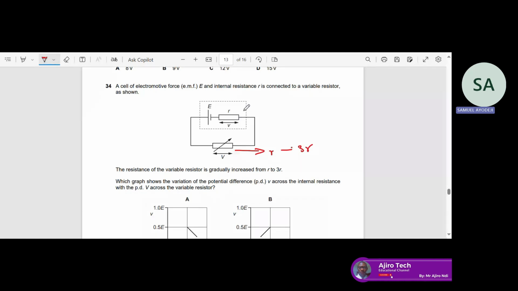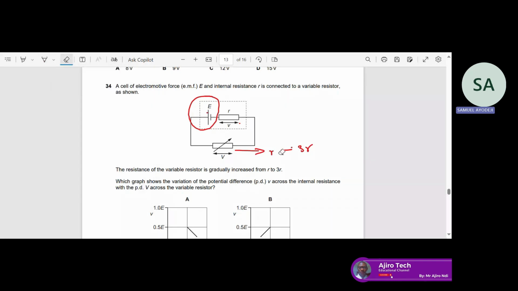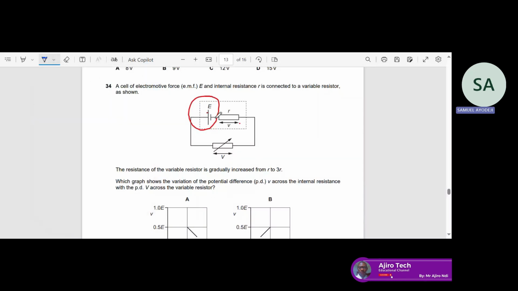This is the EMF and internal resistance. Here the EMF is distributed into two. These are the understandings you need to have about this topic. I won't be accepting this method again from tomorrow. I will do it the way it's supposed to be done. This one will have its own PD.